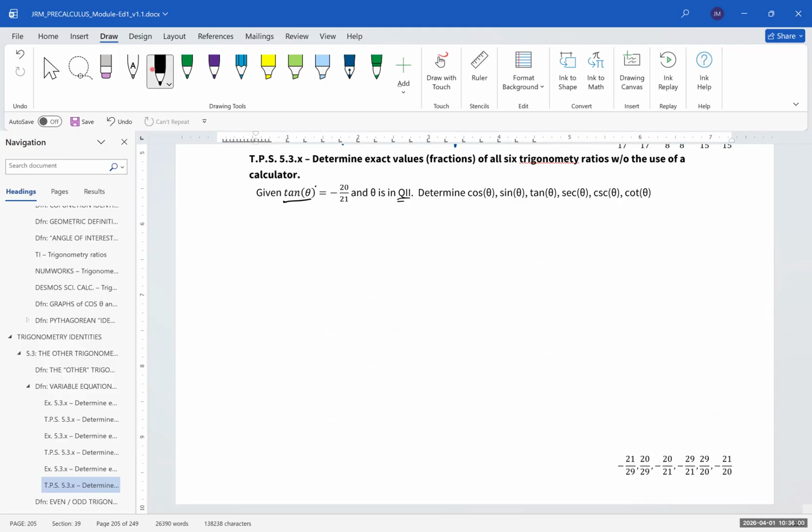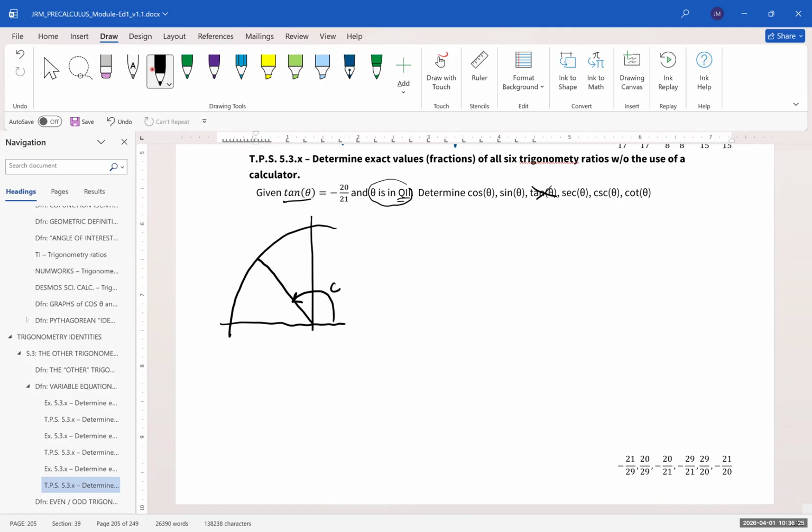So we already have tangent, so we really don't have to worry about that. Let's go ahead and look at quadrant 2 and see what we've got going on here. So here is our unit circle coming over and around, and here is where theta is going to be.